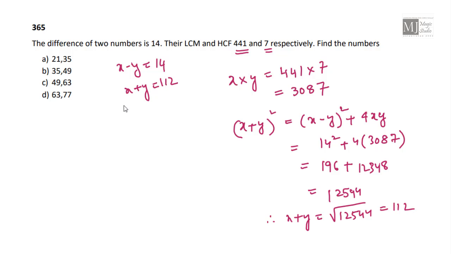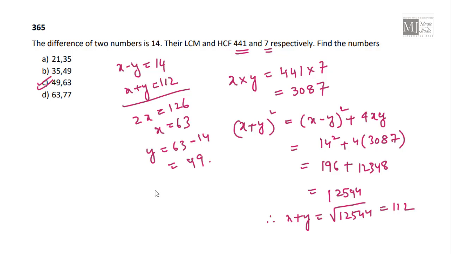Now we can solve. X plus y is 112 and x minus y is 14. 2x equals 126. X is 63 and hence y is 63 minus 14, that is 49. So the two numbers are 49 and 63.